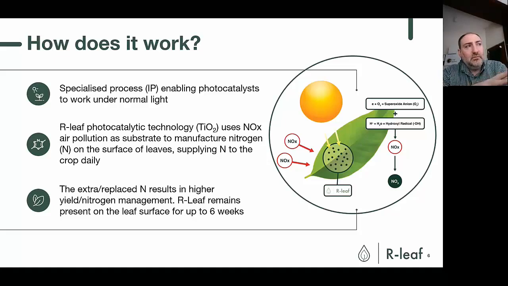So we have the material, the titanium dioxide, on the foliage, and the nitrous oxide is in the air. I just want to clarify, because I had a lot of questions: obviously if there's no nitrous oxide at all, then you're not producing any nitrate, that's clear. However, because air mixes all the time, there is a background level of nitrous oxides, and that includes NO, NO2 and N2O, and typically we've been working on these levels.